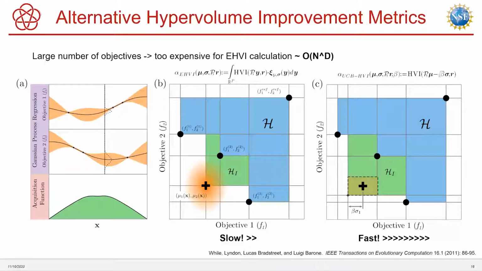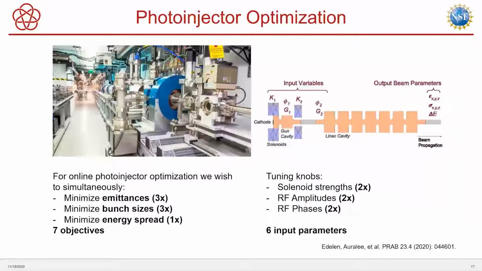So you can use a simpler method akin to upper confidence bound and just specify a lower confidence bound hypervolume improvement metric for our acquisition function, which is shown on the right. This allows us to calculate an optimistic view of the hypervolume improvement much faster in high dimensional spaces. And that brings us back to our photoinjector problem.